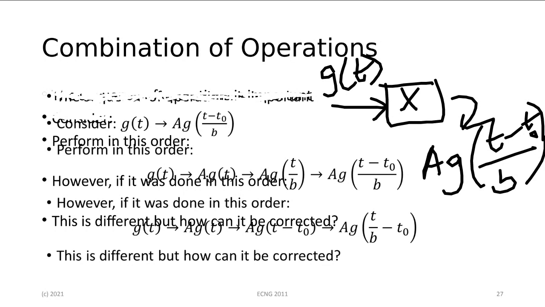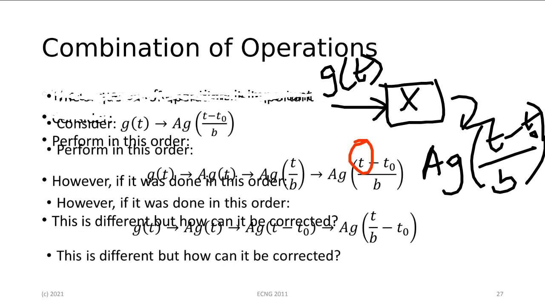Notice the important thing here, and I'll highlight it for a little while. The important thing to remember in all of this is T. These are time functions that we're dealing with.